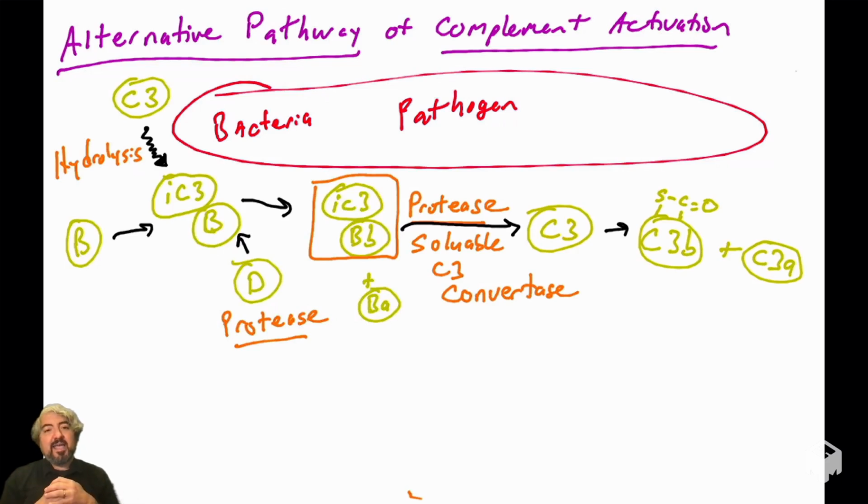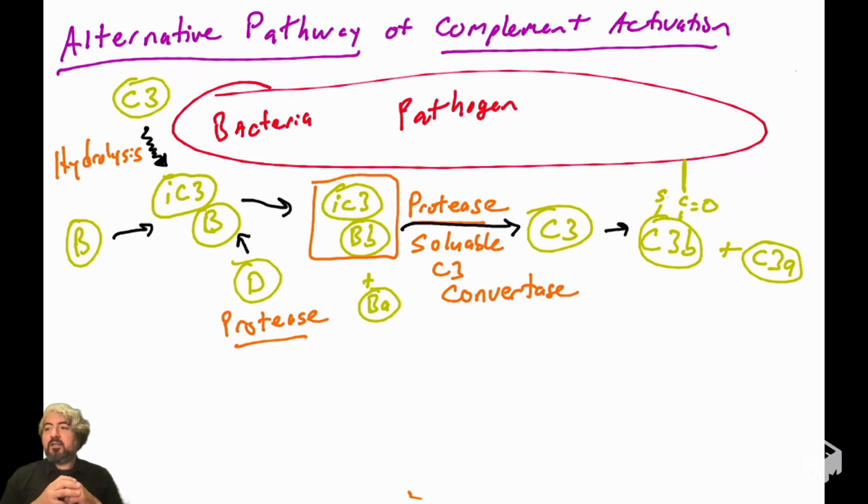This is a highly reactive functional group. What this reactive group can do is react with other molecules, such as one on the surface of a pathogen. So this C3b protein is very active, and it can often attach itself covalently to the surface of a pathogen.